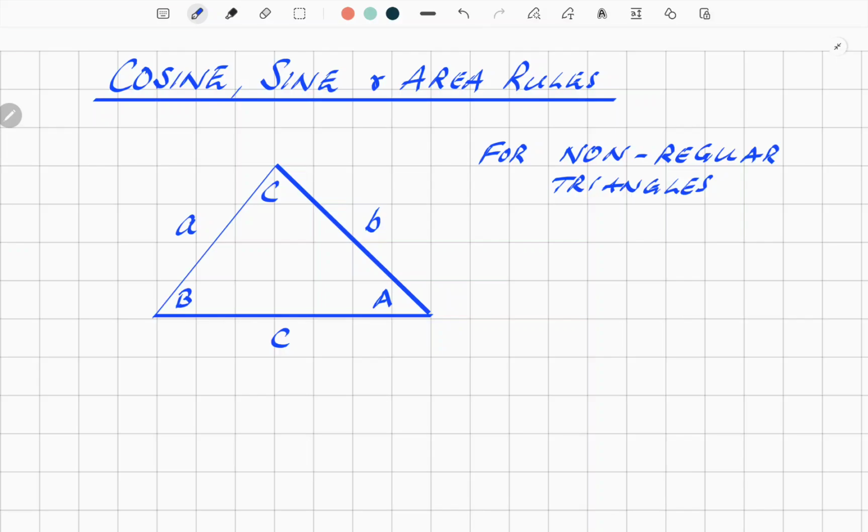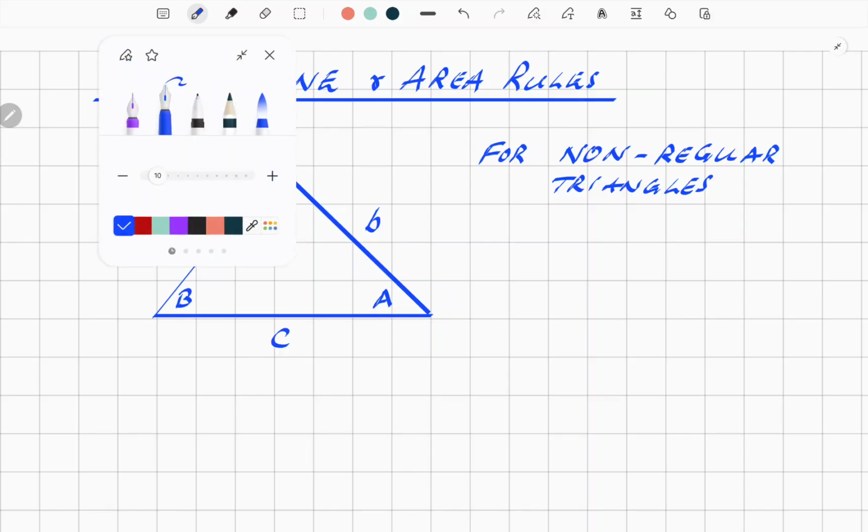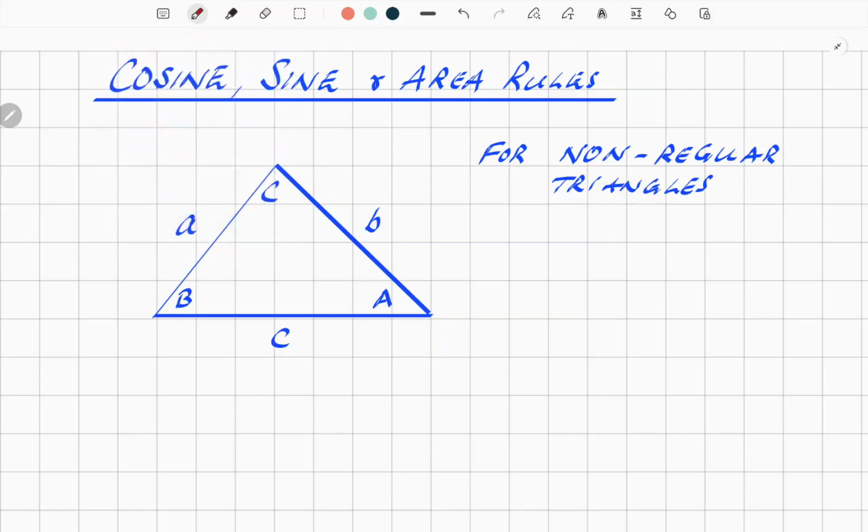And the important thing is to set up the triangle and identify what's going on. The most important thing, as you can see here, is labeling it correctly. It doesn't matter which way round you put your A's, B's, and C's.